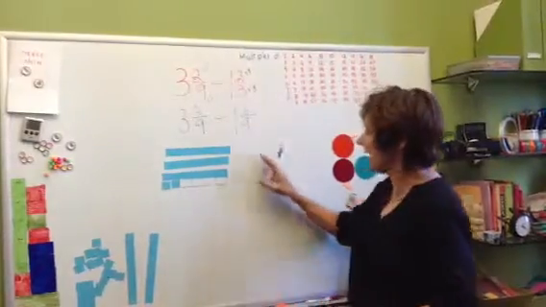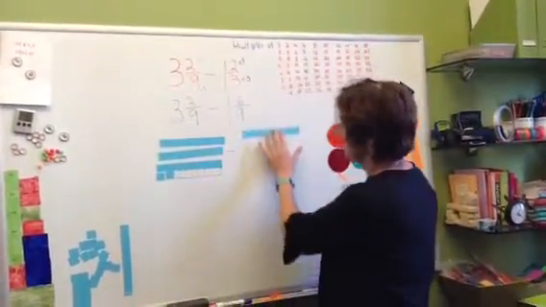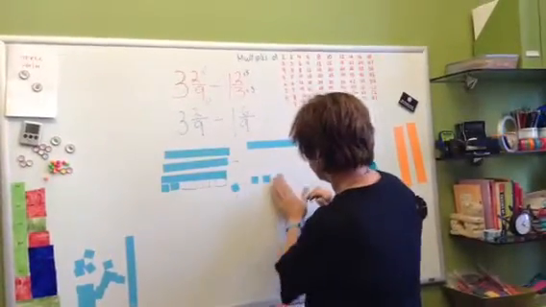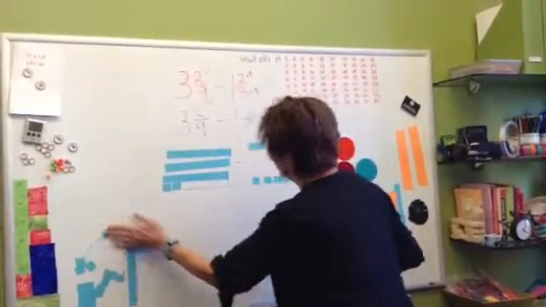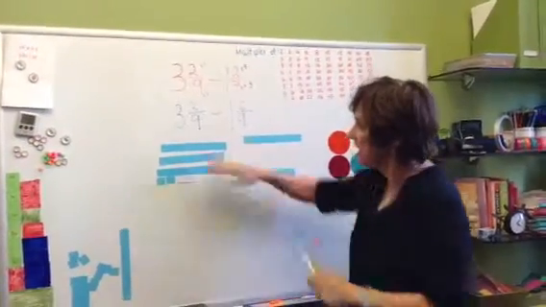Okay, and let's put a bar up here for the other one. We have 1 and 1, 2, 3, 4, 5, 6/9. Okay, a couple things I'd like to point out to you.